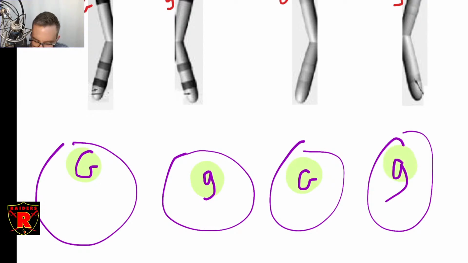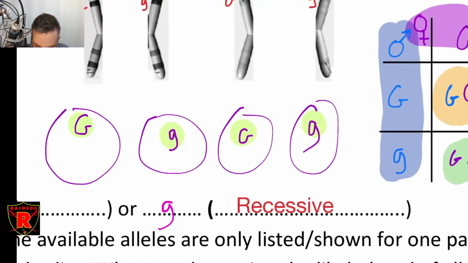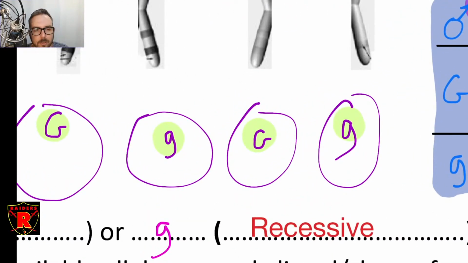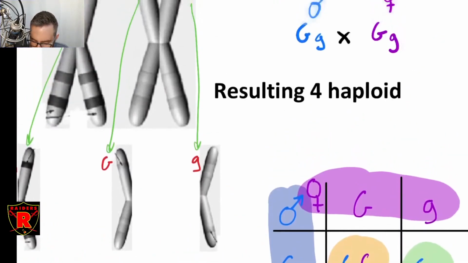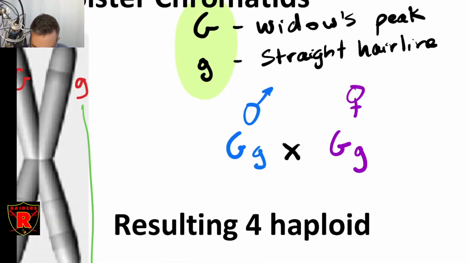Okay? So if you were to mate with somebody that was also big G, little g, here we have a mating pair. This is you, or maybe you're female, doesn't really matter.